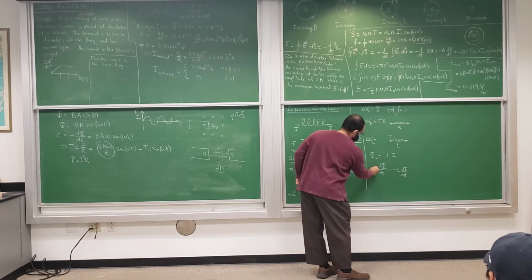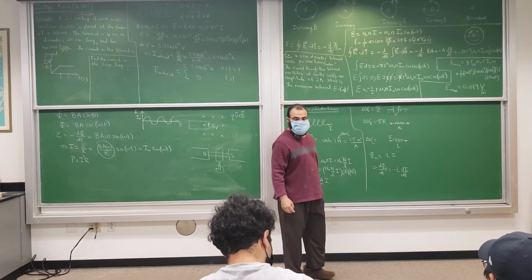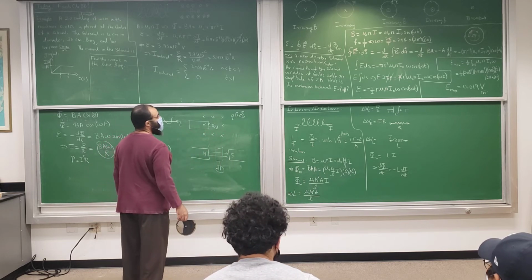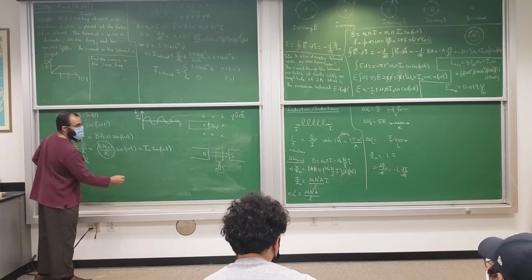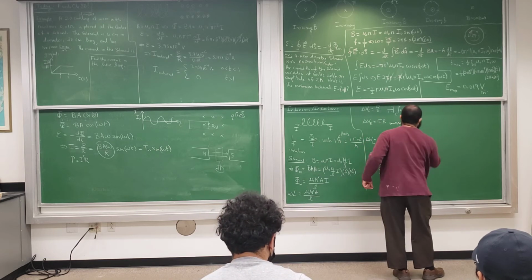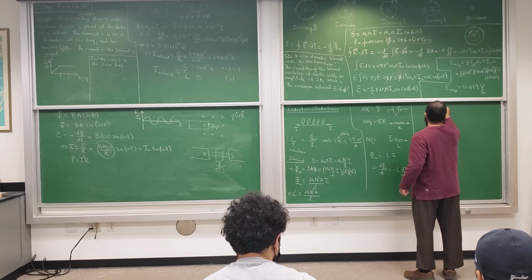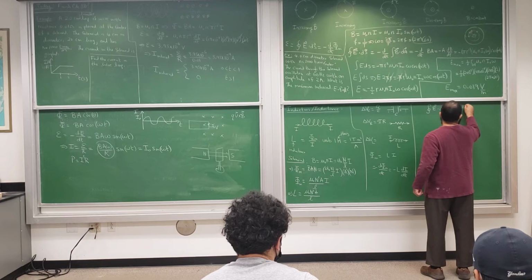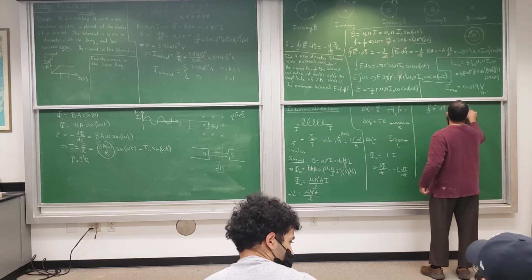And what does Faraday's law say about d phi dt? So let me put Faraday's law in here. It looks like this: the integral of E dot ds is equal to minus d phi dt, right?